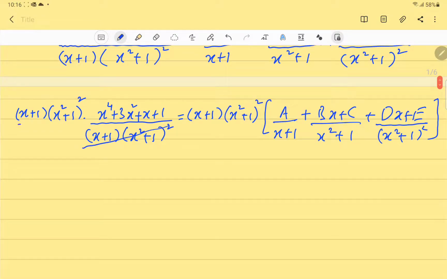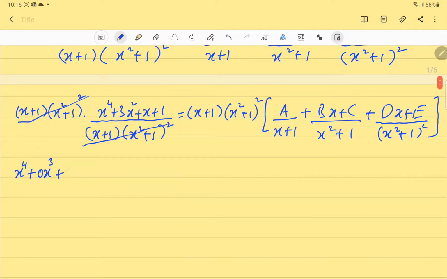This will cancel with this one, and we will write x to the power 4. We don't have x cube here, so we will write 0x cube. We don't have any term with x cube, that's why we will write 0x cube plus 3x squared plus x plus 1.